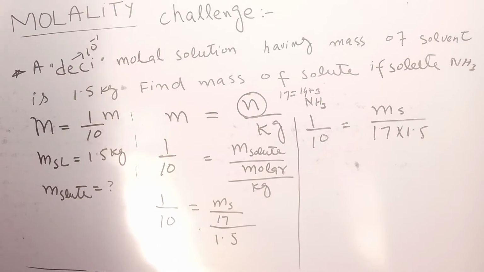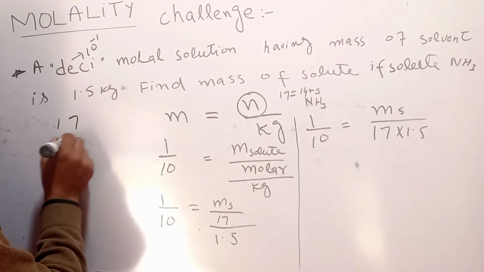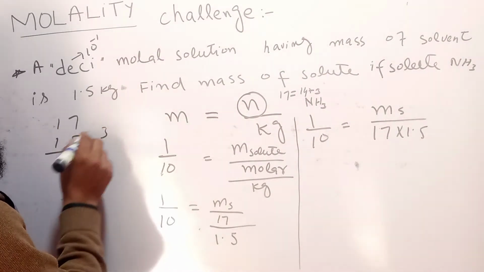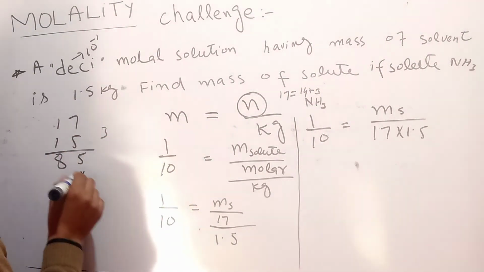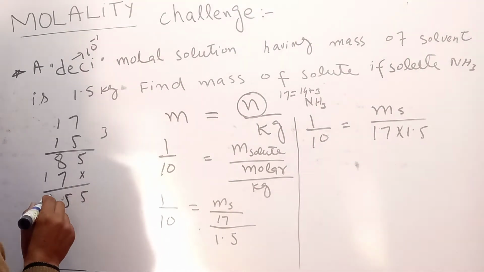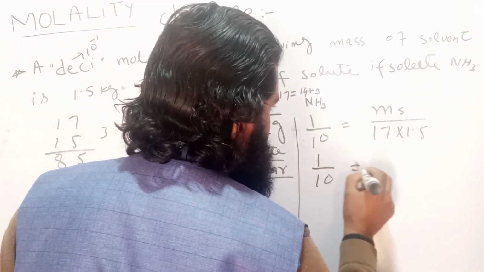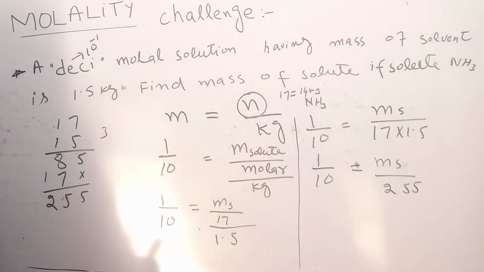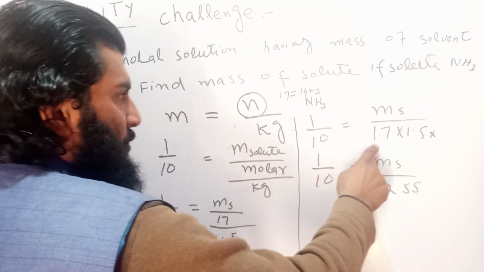Now 17 multiplied by 1.5 gives 25.5, so 1 by 10 is equal to mass of solute divided by 25.5. Okay, see here the mass is in gram while the solvent is in kilogram.